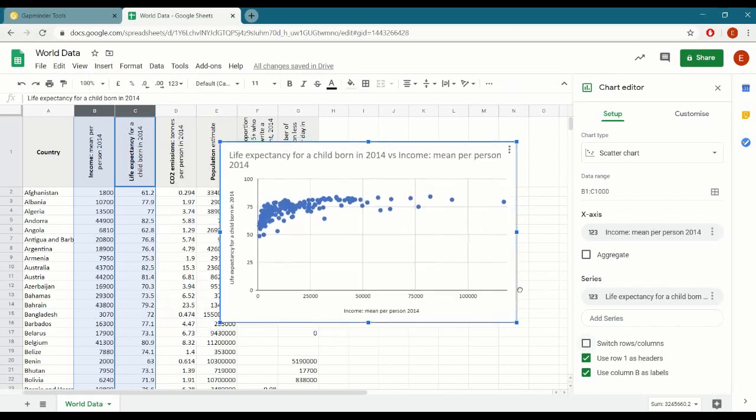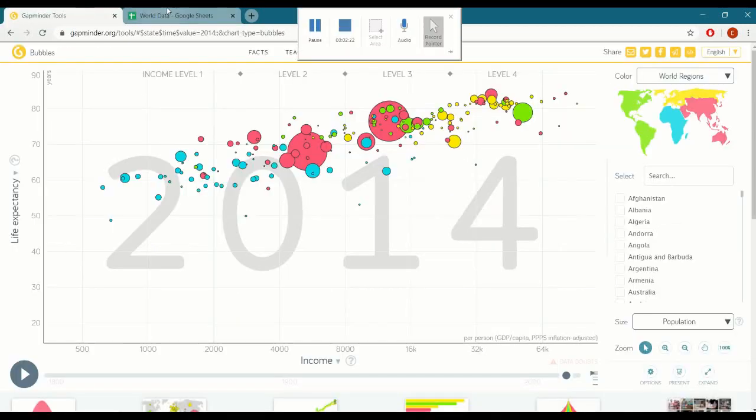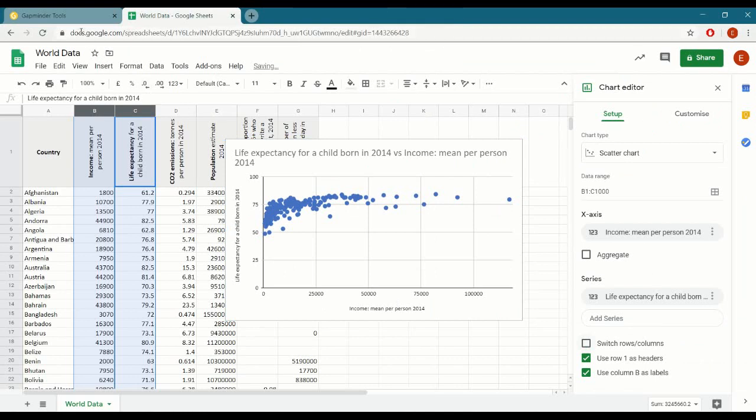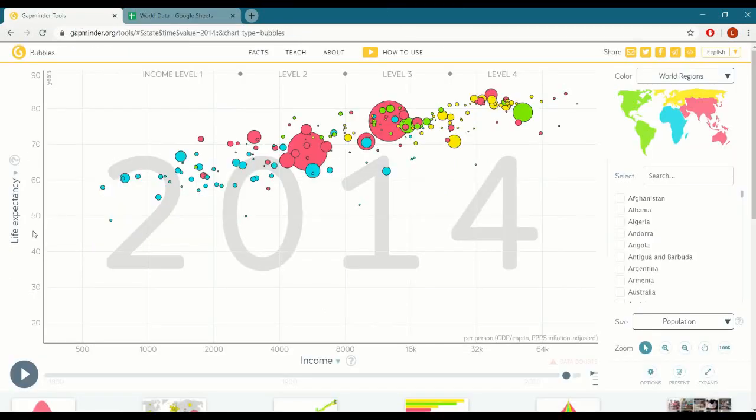Now, this still looks quite a lot different to the one over here. You may have noticed, if you've got a keen eye for graphs, something special about the income scale along the bottom. It doesn't step up in a linear scale. It doesn't step up by the same amount each time. You see 500, 1,000, 2,000.